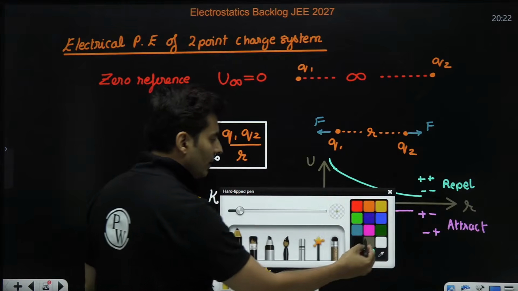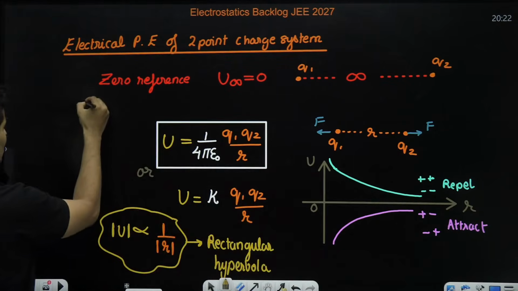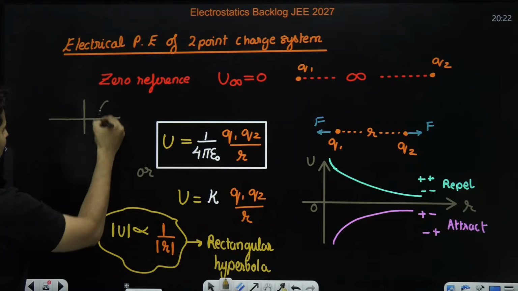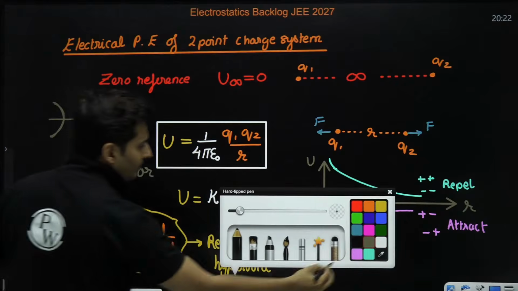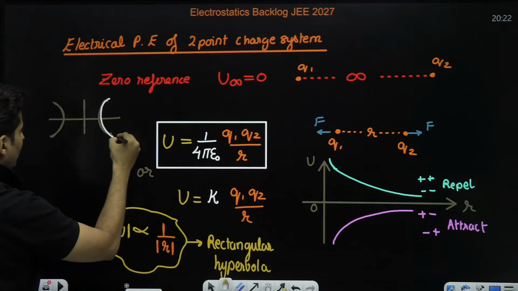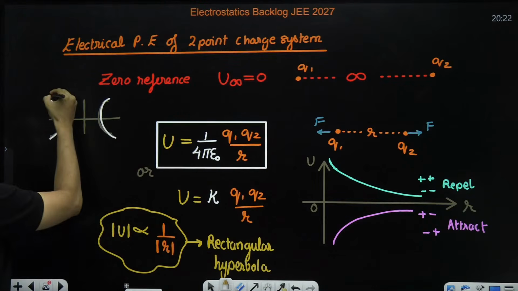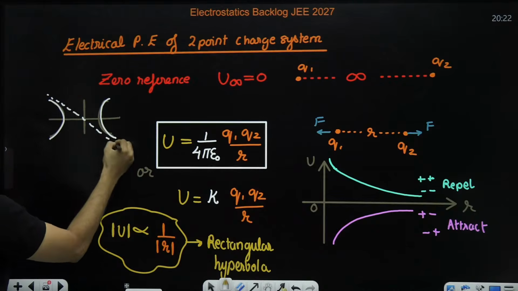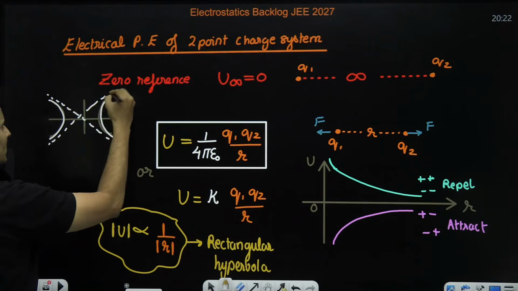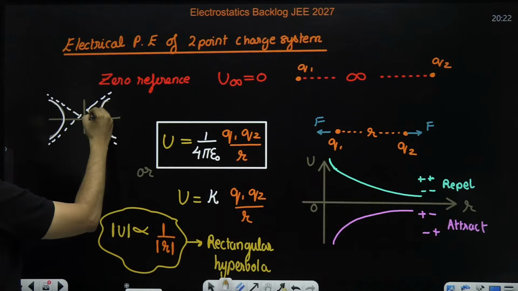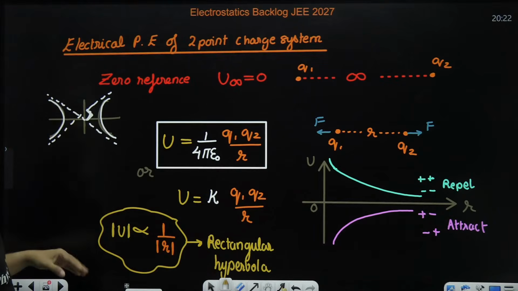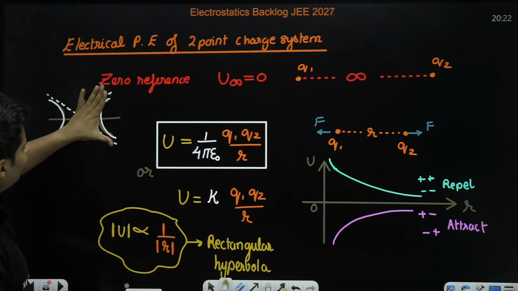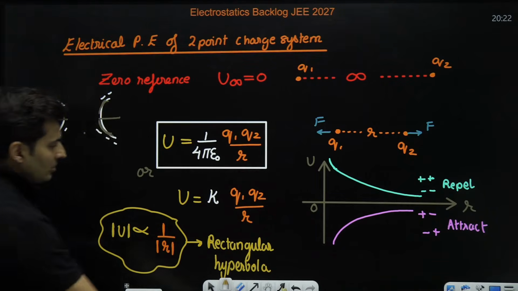So you might have heard about hyperbolas. A hyperbola is basically something like this curve here and this curve over here. If you draw tangents to it, asymptotes, they are like this. When these asymptotes are perpendicular, then it is called a rectangular hyperbola.